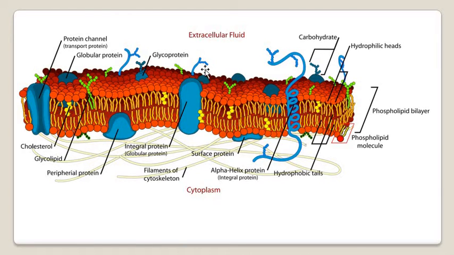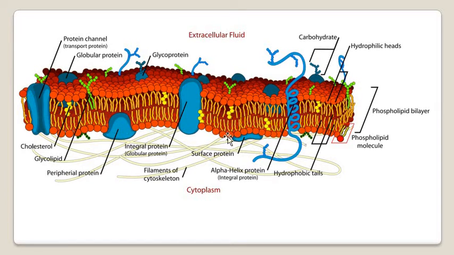Some proteins are present on the periphery, not expanding the membrane, not invading the membrane, so they are called peripheral proteins, or surface proteins, or also extrinsic proteins, right?